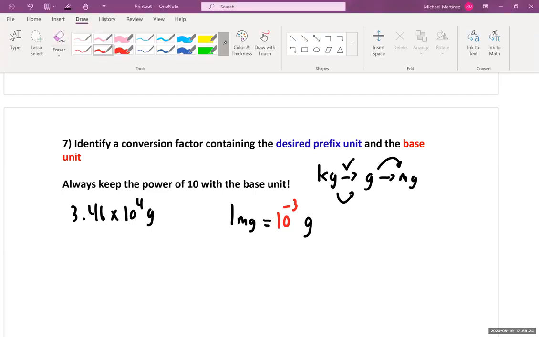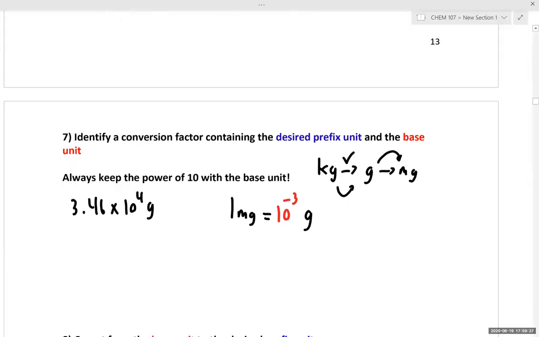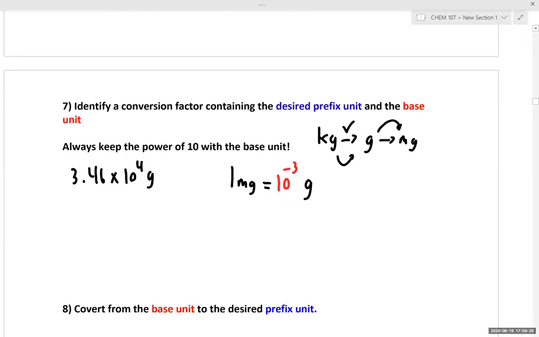So now that we have our ratio, now that we have our equality, we need to generate our unit conversion factor. Now, because we're trying to go to milligrams, what units go on top? Milligrams, exactly right.